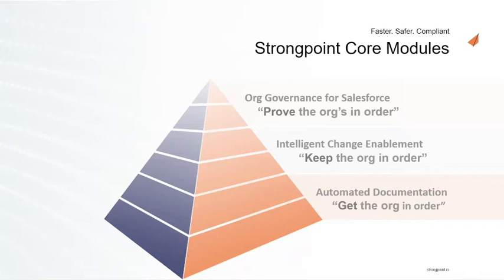In addition, Strongpoint helps to keep your org in order by doing nightly scans of the org that identify any changes that have occurred in the last 24 hours. Change logs capture the who, what, when, and how details of all of these changes.